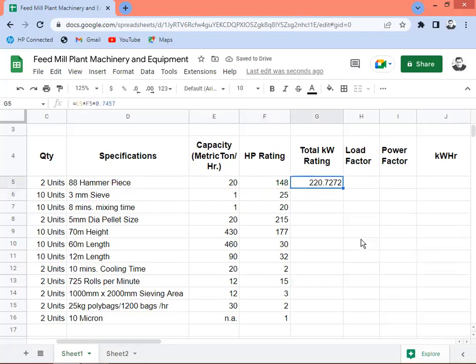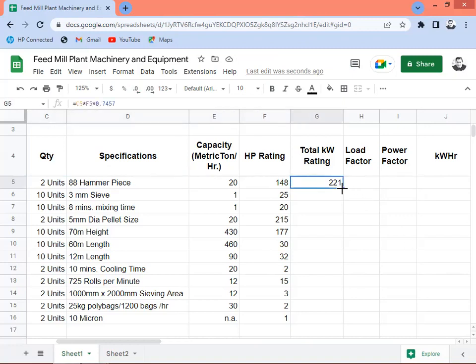Oh, right. So therefore it would be 220. I'm going to remove the decimal places, so that would be 221, because we're having two units.